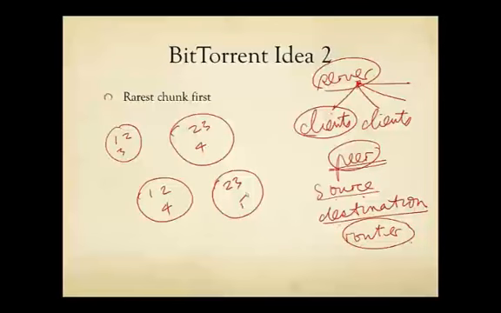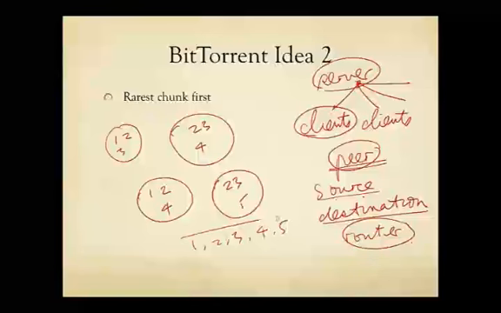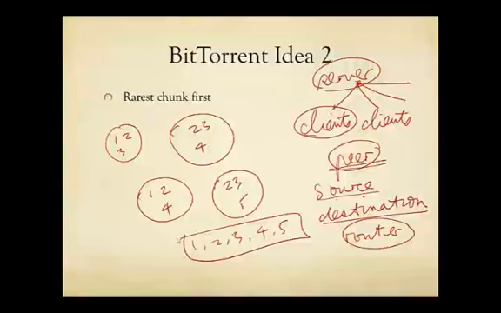When they exchange this information, this is called a bitmap exchange. We realize that we all want to collect, let's say, chunks 1, 2, 3, 4, 5. So there are only 5 chunks to constitute this small file. That's multicast. We all want the whole file. We all want, therefore, chunks 1 to 5.